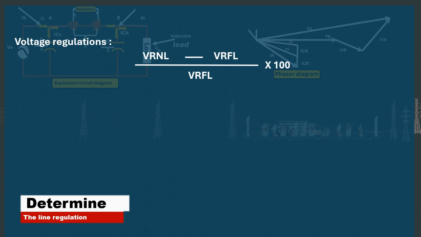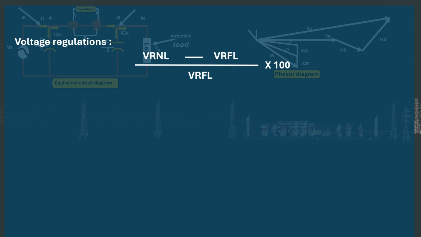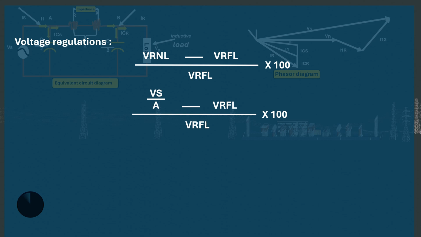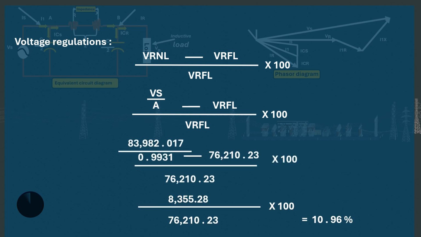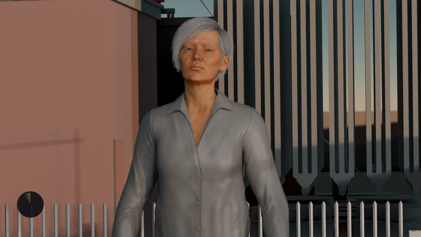However, since we don't have the value of no load, we can do this: the sending end voltage Vs all over parameter A minus the absolute of the receiving end voltage Vr, all over the absolute of the receiving end voltage Vr times 100. When we substitute our values in, we will have these here, which will further be equal to 10.96%.